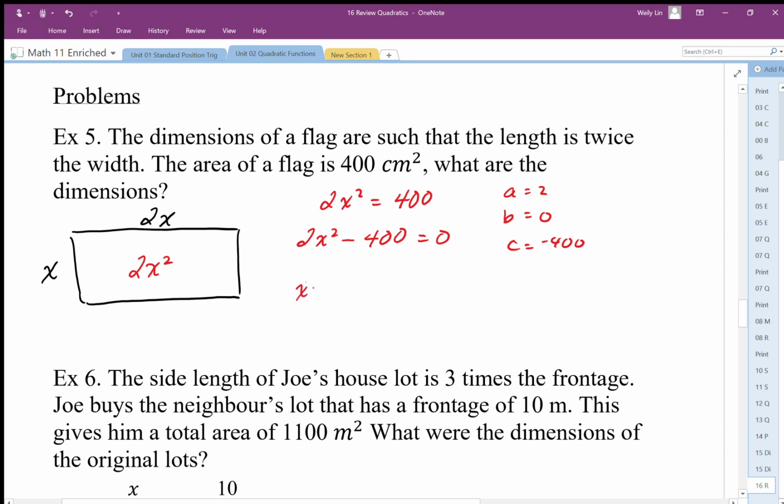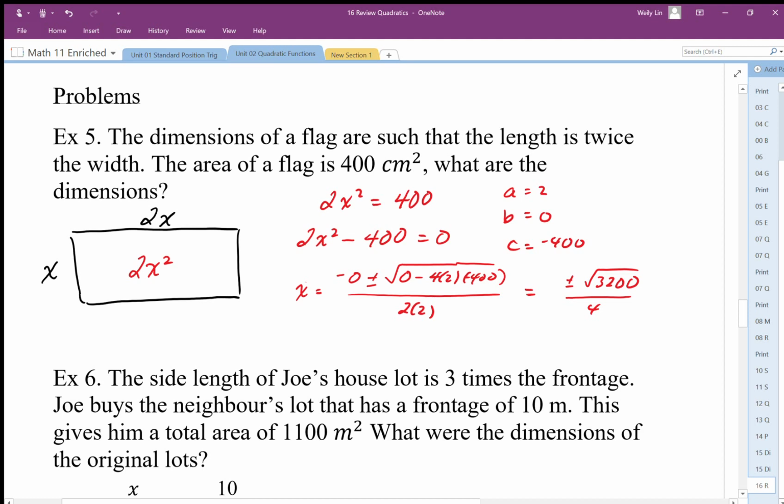So x is equal to negative 0 plus minus the square root of 0 minus 4 times a times c, all over 2a. Simplifying this expression, we get plus minus, that's going to be negative 400, so we're going to end up with 8 times 400, so that's positive 3200, all over 4.